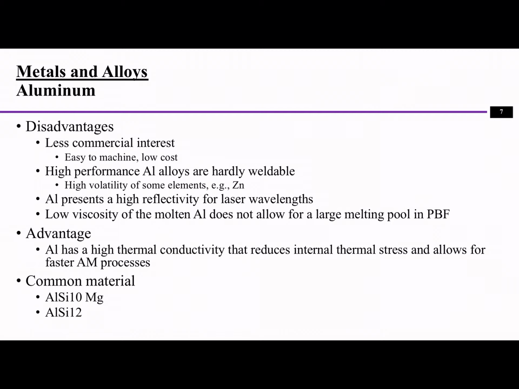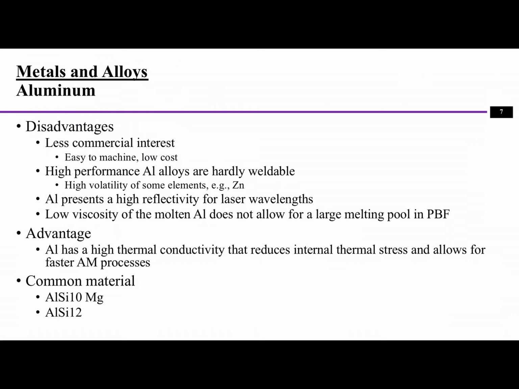The one is the cost of aluminum is a lot lower than other metals, right? Lower than steel and also titanium, and so making them through a traditional manufacturing process actually is easier and also cheaper. So that's why it's not well commercialized into industry.